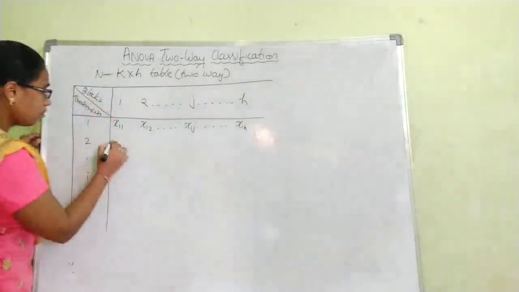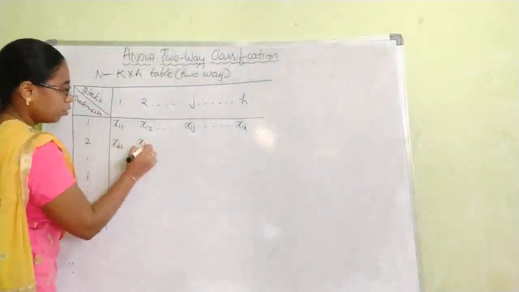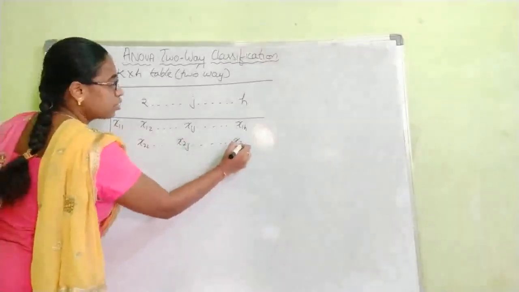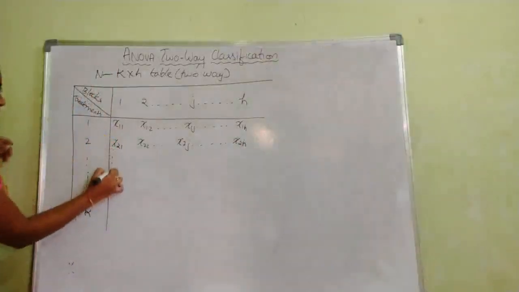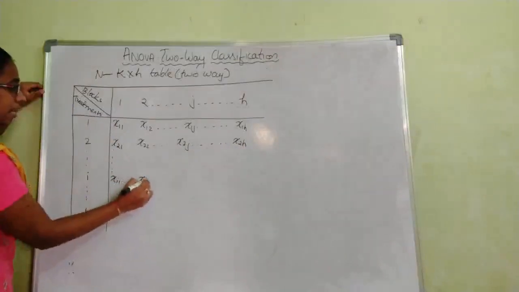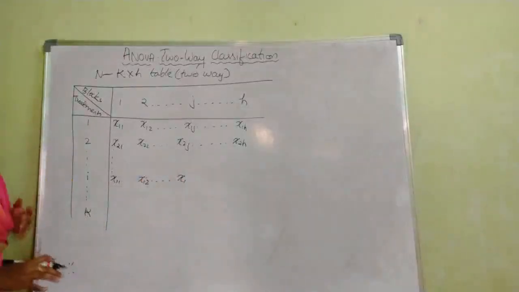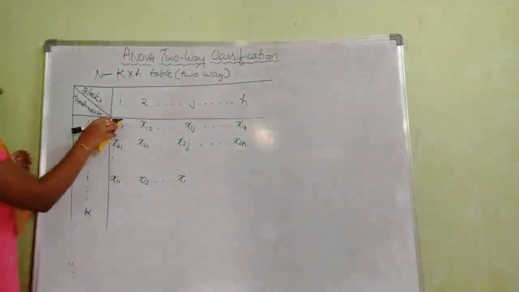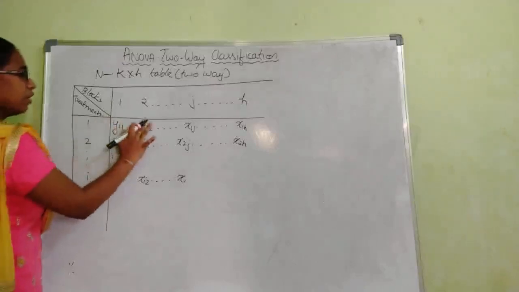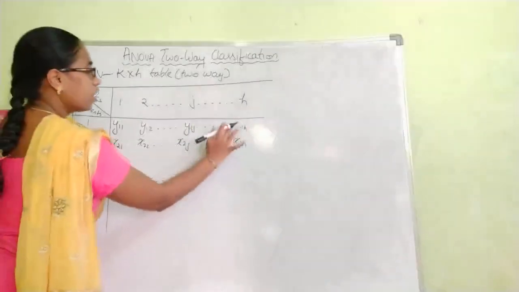Now x21, x22, so on, x2j up to x2h. Similarly, the ith treatment values xi1, xi2, we are going to write in terms of y, right? I have written x. In the first we took y, so here also we will write y only. Sorry for the confusion.